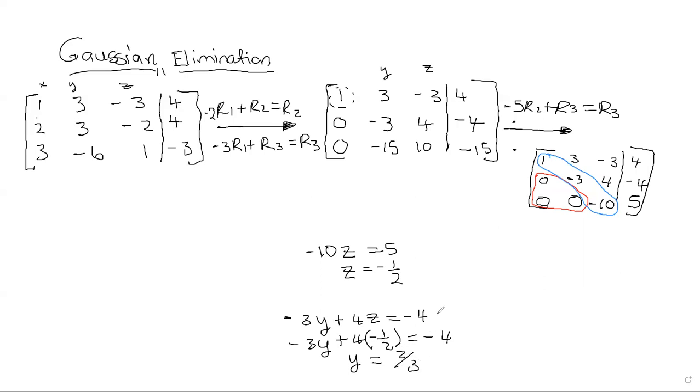Then you come to the third one, which is x plus 3y minus 3z is equal to 4. Then your x, after replacing, y is 2/3, plus 3 times your z, -1/2, is equal to 4.